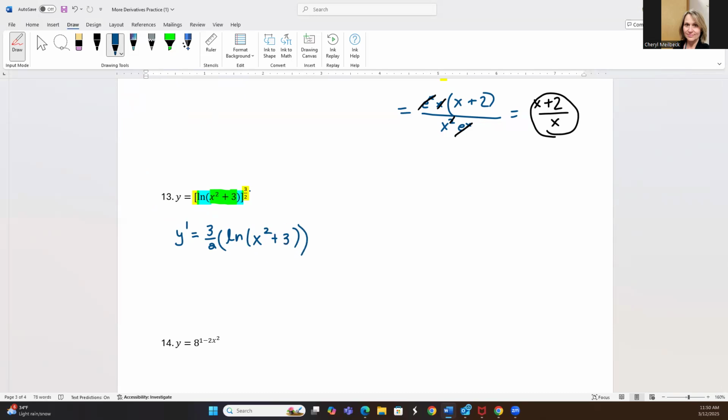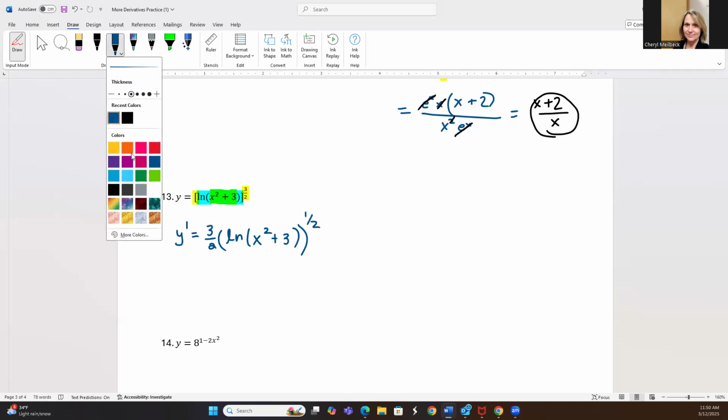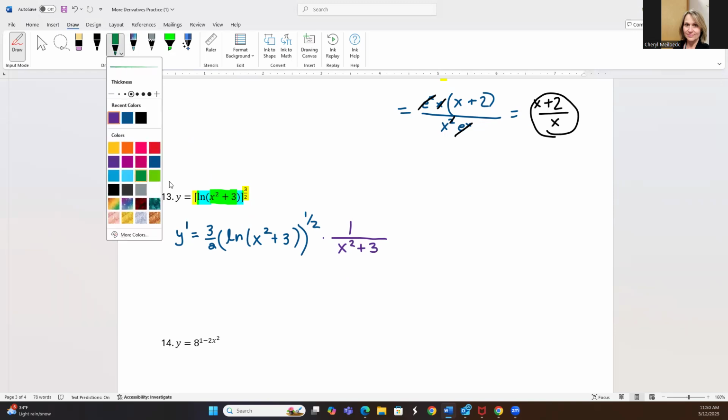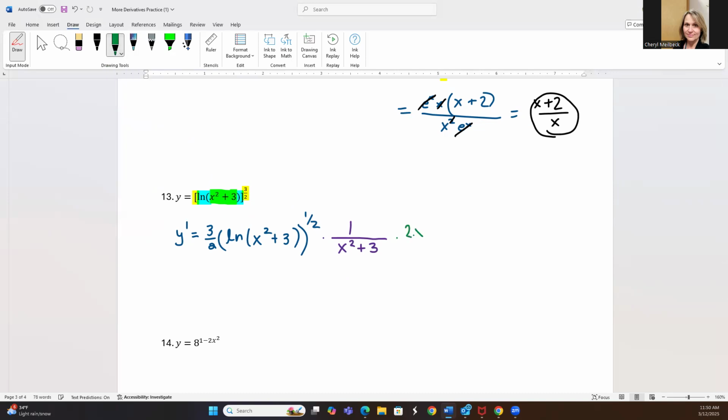But now, if we subtract 1 from 3/2, that's to the 1/2 power. Now we'll have to multiply that times the natural log derivative. So now if we do the blue derivative, that'll be 1 over the x squared plus 3. That's our derivative of natural log. Now we'll take the derivative of the green part, and the derivative of x squared plus 3 is 2x. Lovely.